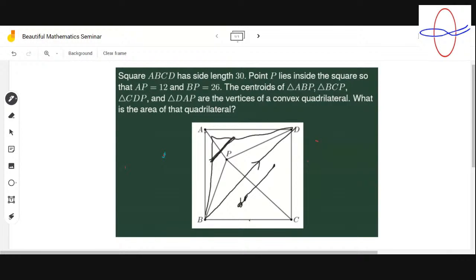If the midpoints of each side are joined, then it forms a square. Midpoints of which sides are joined? So you're saying it like this.